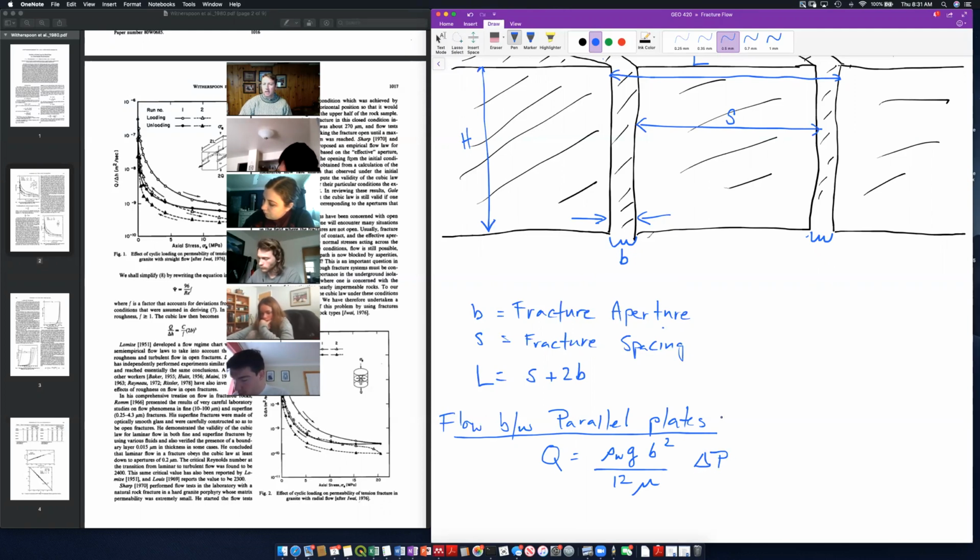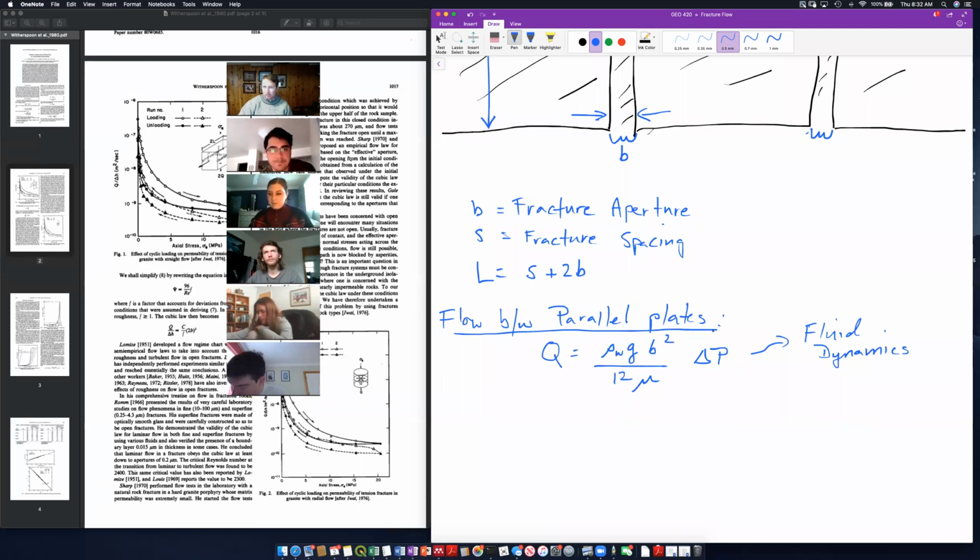All right, this is from the fluid dynamic solution of the Navier-Stokes equation for a flow in between two parallel plates. So fluid dynamics. All right, so now let's think about this in terms of Darcy's law.